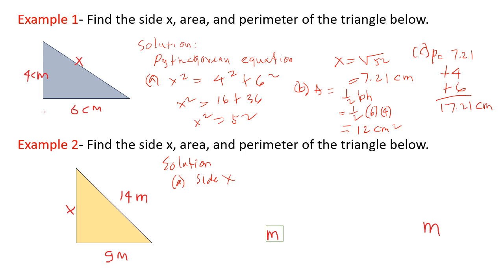So you have this one, x squared equals 14 squared minus 9 squared, or equals 196 minus 81. So x equals 10.72 feet.